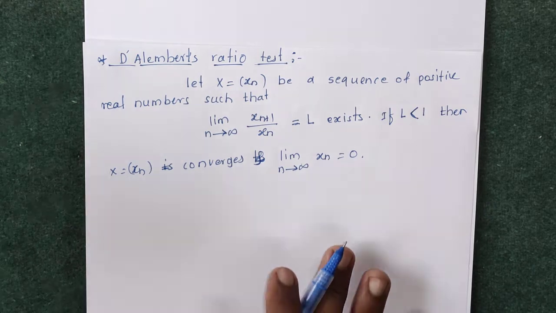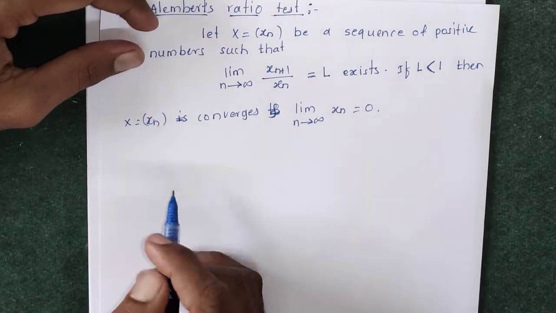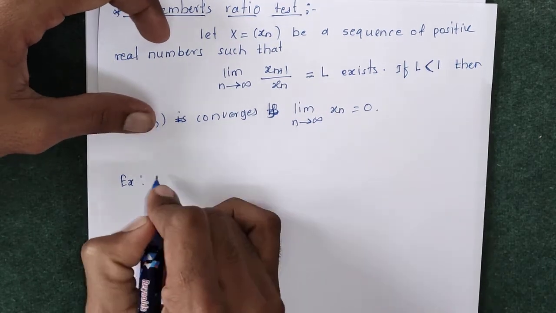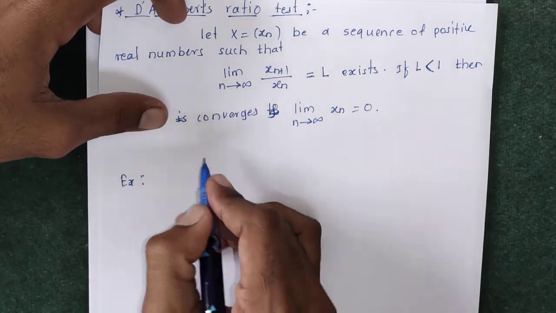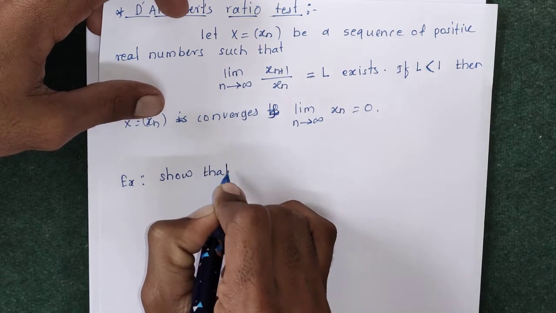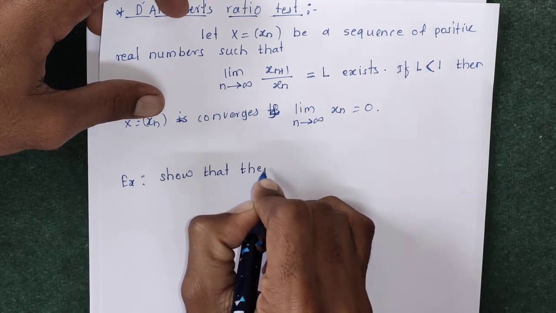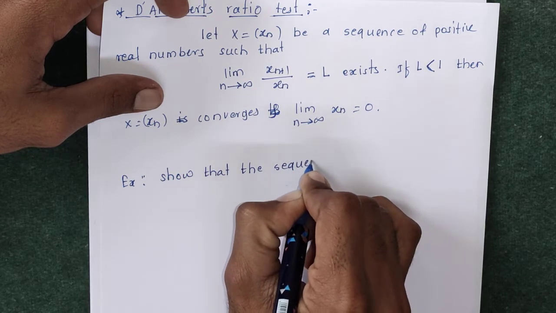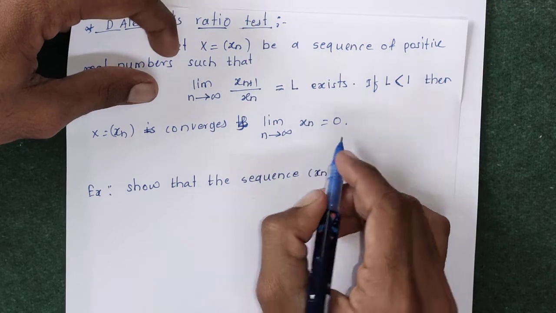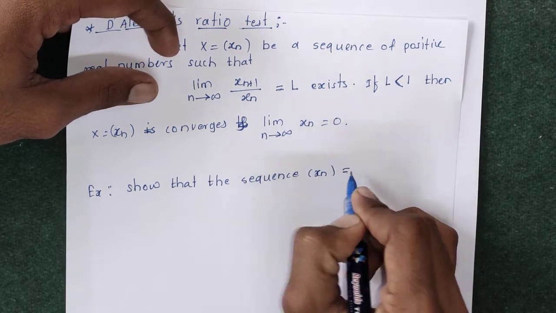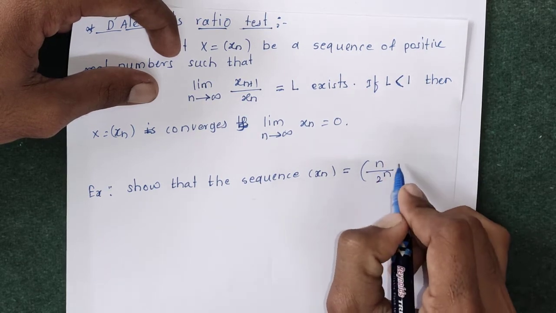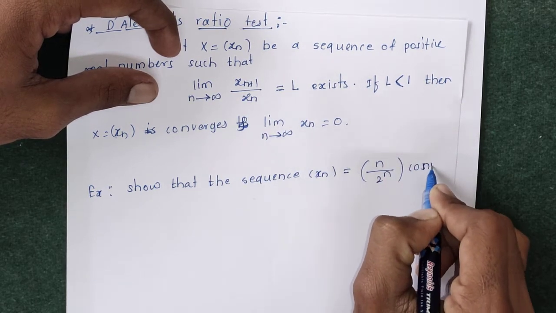So using this test we can solve an example. Suppose the example is: show that the sequence xn equal to n upon 2 raised to n converges to 0.